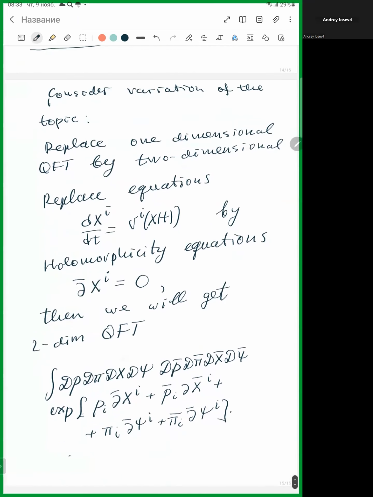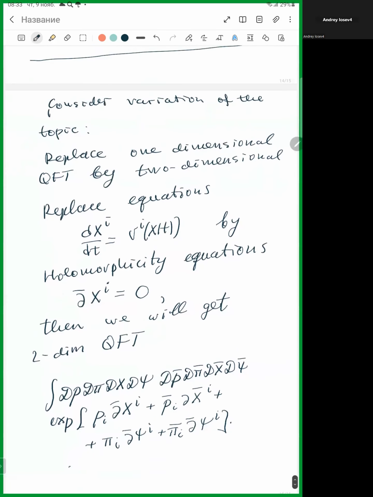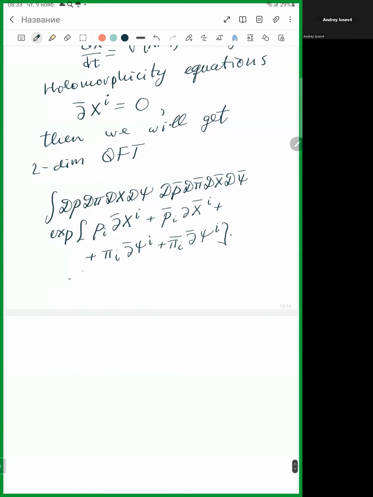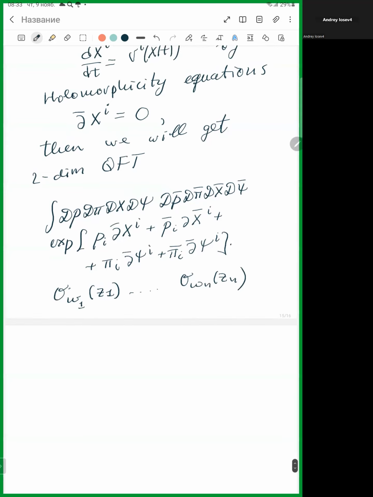And here we have similar objects. I'm sorry. And here we put O omega 1 at point Z1, O omega n at point Zn. So what are these omegas?